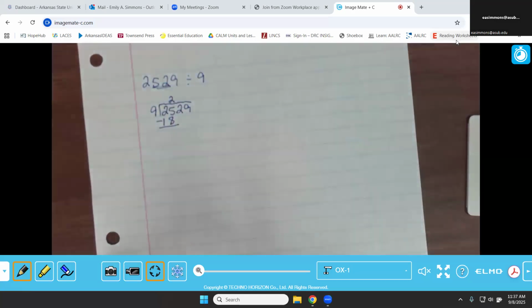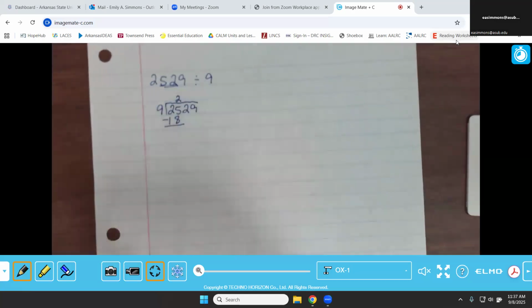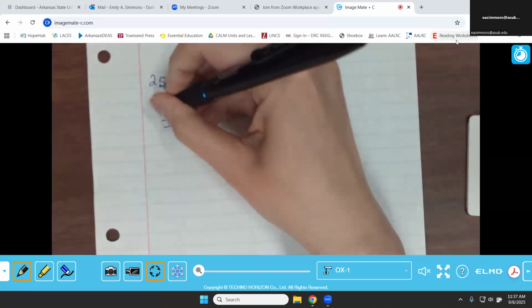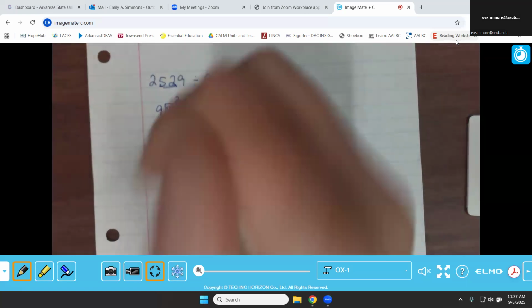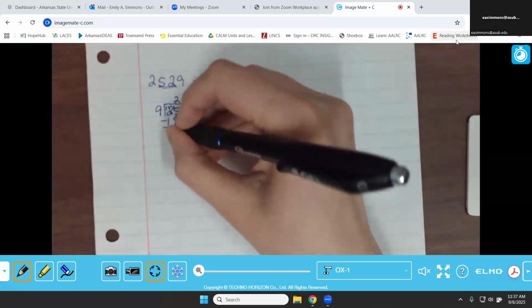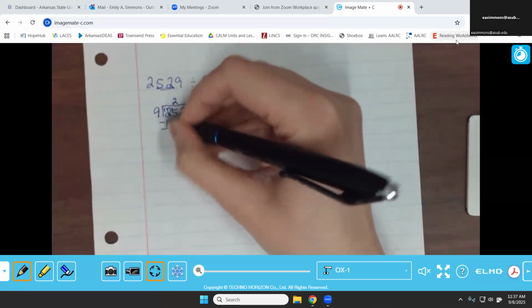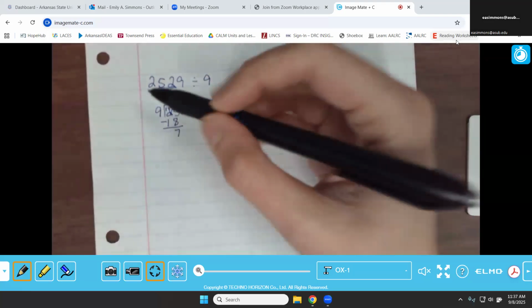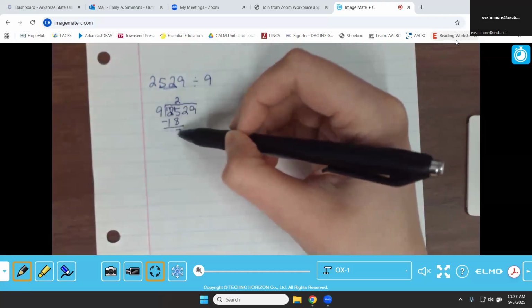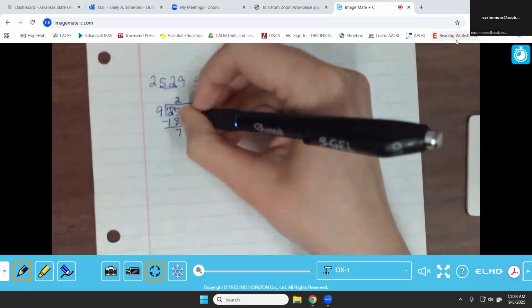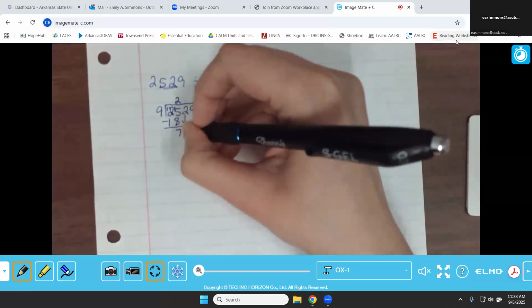So we do 25 minus 18. And then I'm gonna do my borrowing just like with subtraction. 15 minus 8 is 7. And then our 1's cancel out. Now looking at this, I know I did the right thing because 9 cannot go into 7. So I need to bring down my next digit from the lineup.